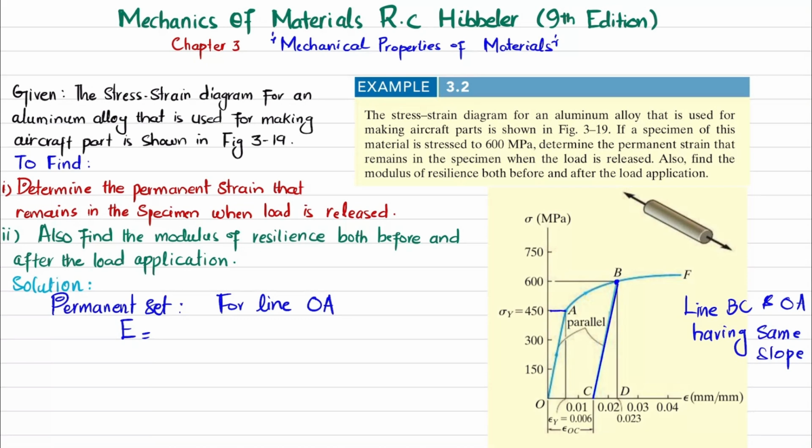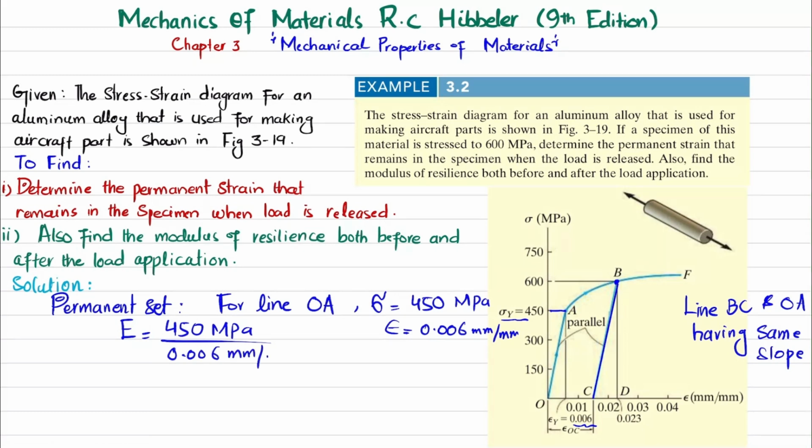So stress at point A is 450 megapascal, and strain is equal to, you can see, 0.006, and that is millimeter per millimeter. Clear? So just plug in the values. 450 megapascal divided by 0.006 millimeter per millimeter will give you the modulus of elasticity. E will be equal to 75 gigapascal. Since both lines have the same slope, line BC will also have the same modulus of elasticity.